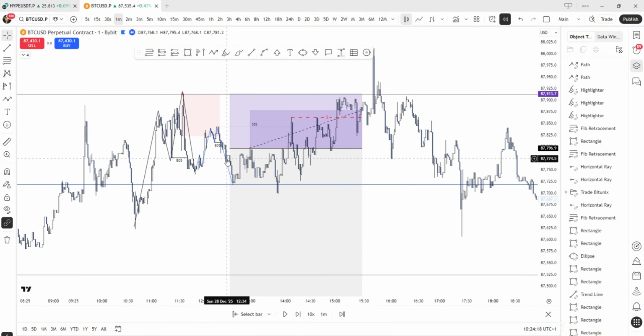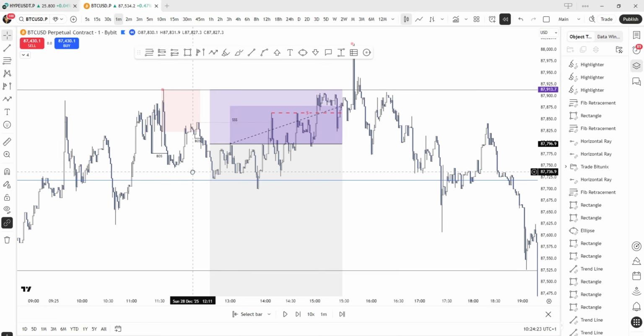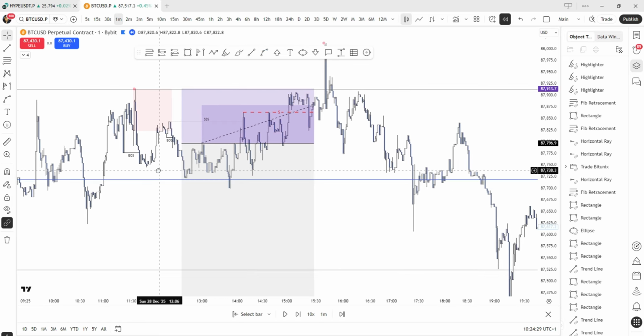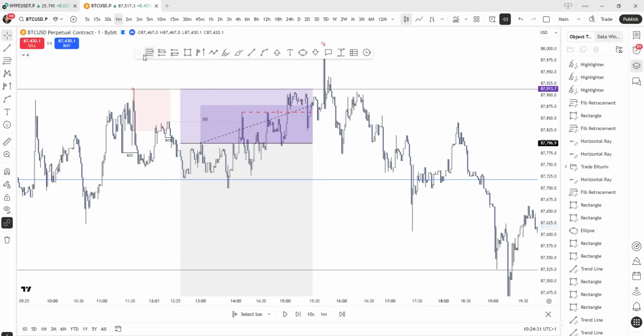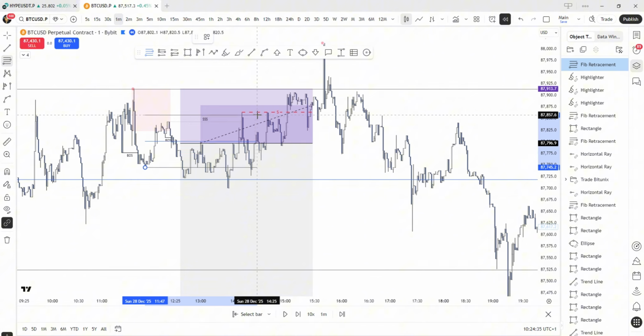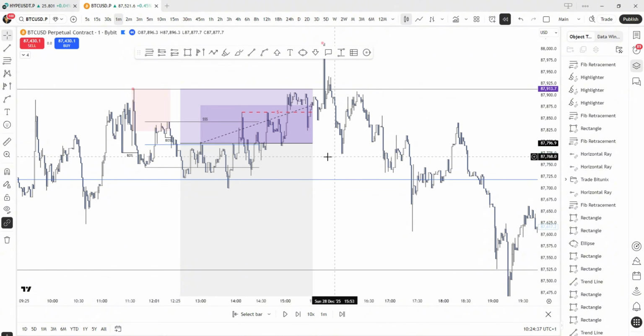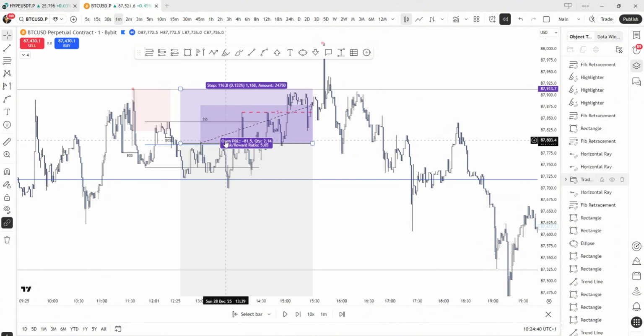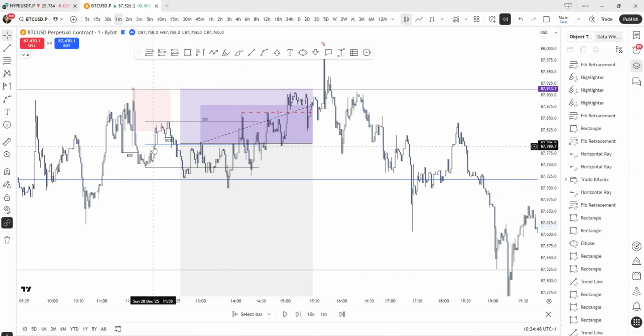But immediately after coming down, we kinda got a little accumulation model here. Nothing I would trade, but this was a little model. 1, 2, 3. We broke back to bullish right here and went up again.